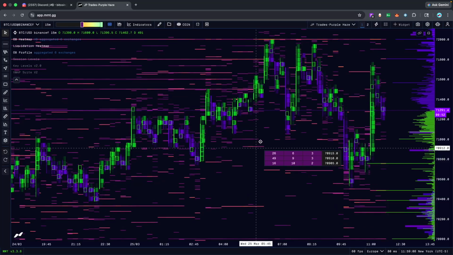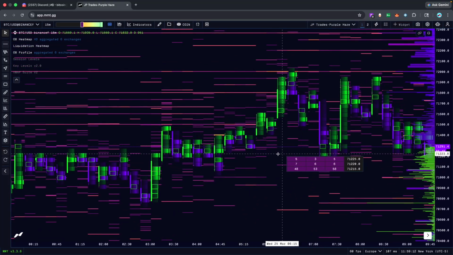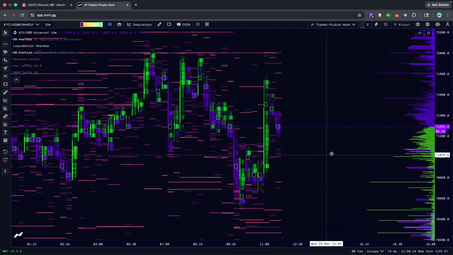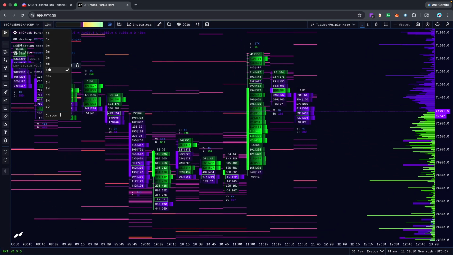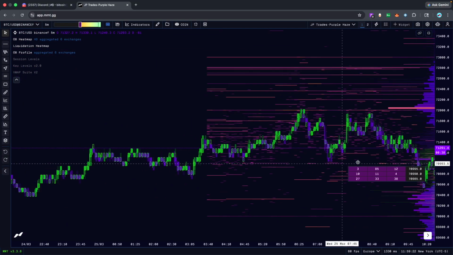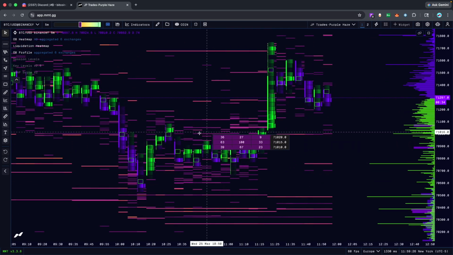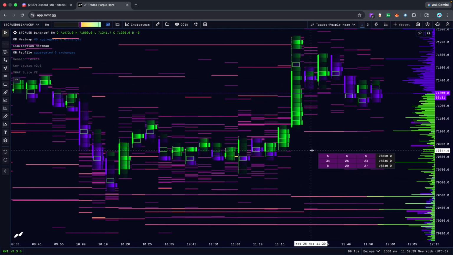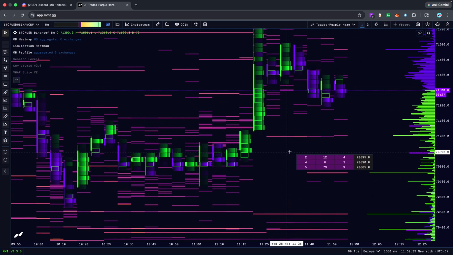It keeps its structure in these really clear lines like this, right? So let's go to that same scenario here. And let's take it down to the 5 minute actually. So you see all that same liquidity, but you're really seeing it as lines, like when you're zoomed in on Bookmap, right? And this is the HD.